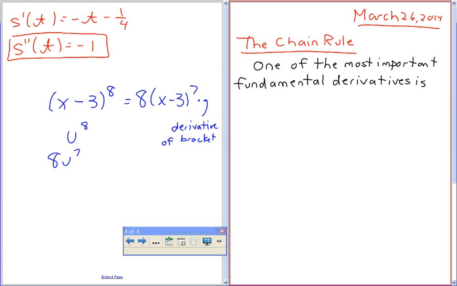It is called the chain rule. It is used to take the derivative of composite functions.